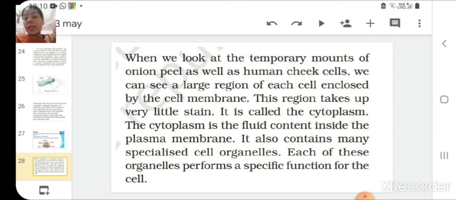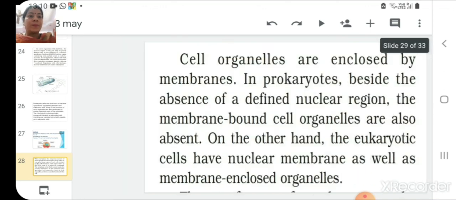Again, I want to remind you, I told in my previous classes that a cell also exhibits a division of labor because it has different organelles, and these different organelles have different specific functions within the cell. So the cytoplasm surrounds these cell organelles and provides them a medium to perform their function.